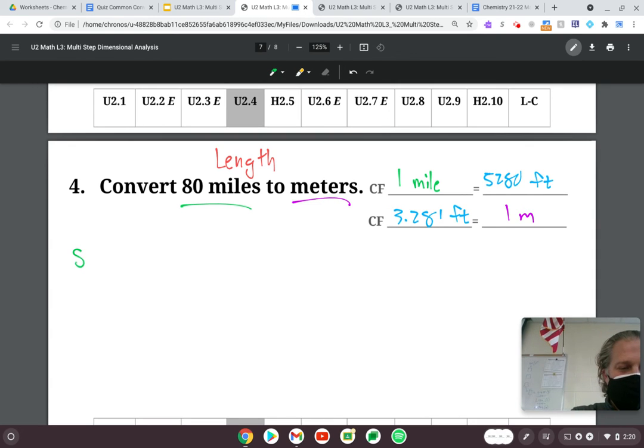So you had 80 miles. And you were setting it up to look like this.